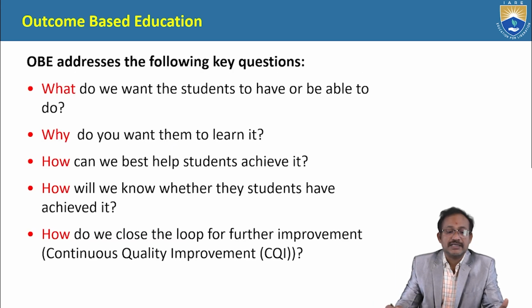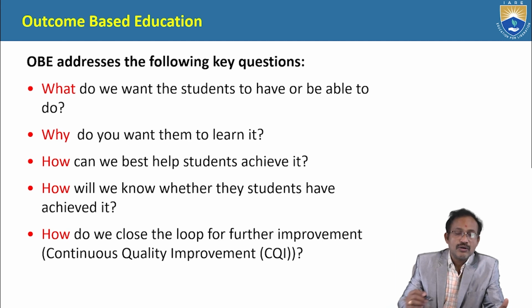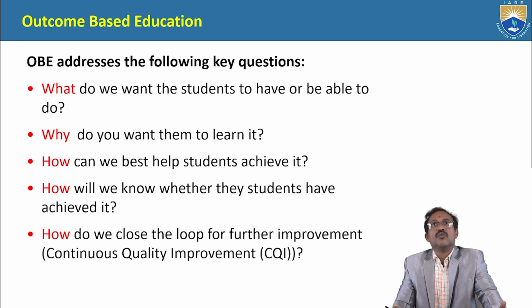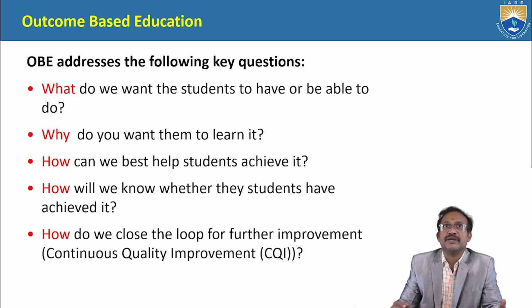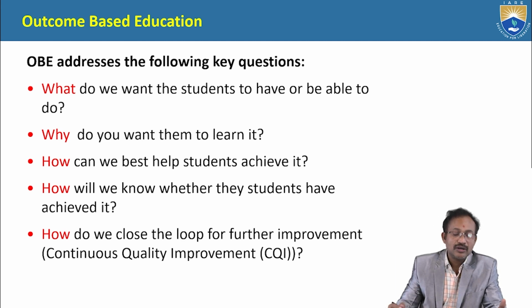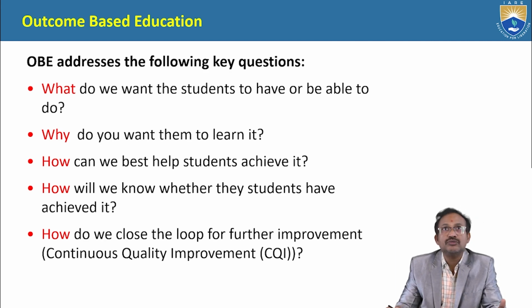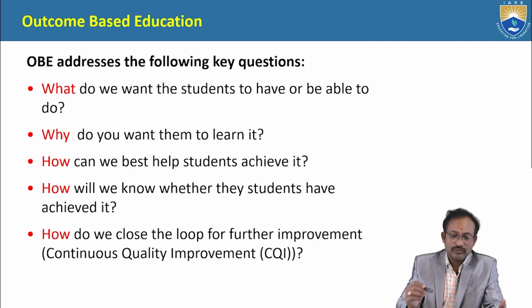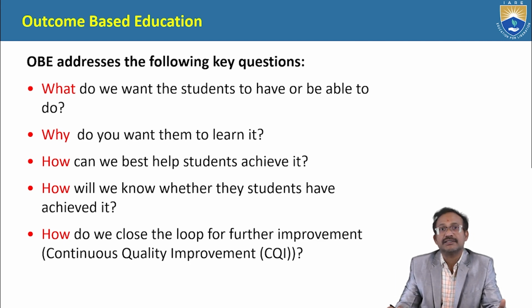Outcome based education addresses the following key questions. First, what do we want the students to have or be able to do? Second, why do we want them to learn it?